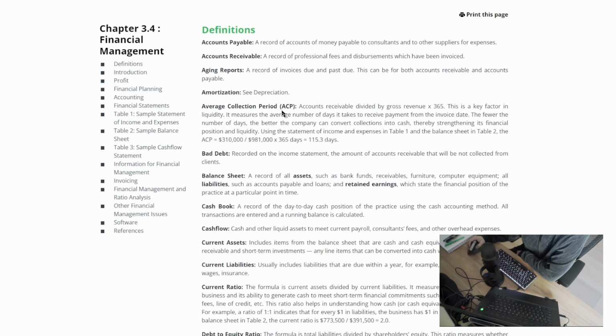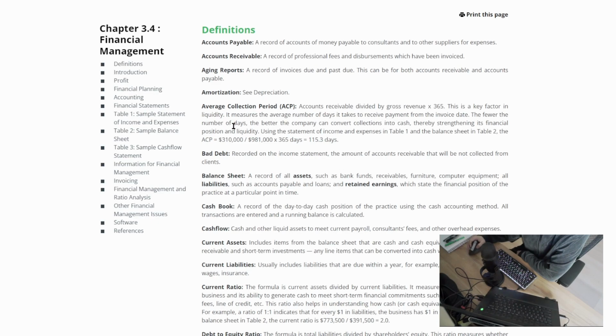Average collection period, ACP: accounts receivable divided by gross revenue times 365. This is a key factor in liquidity. It measures the average number of days it takes to receive payment from the invoice date.